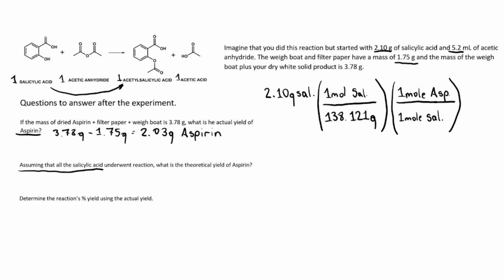Okay, now we need to get from moles of aspirin to grams of aspirin. I'm going to move down here for the sake of space. So for every 1 mole of aspirin, we get 180.158 grams of aspirin.